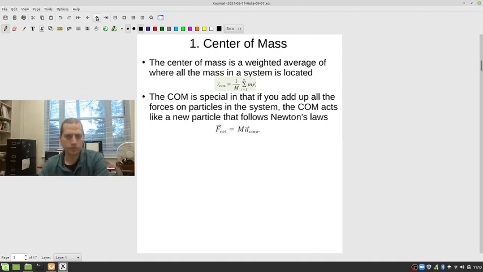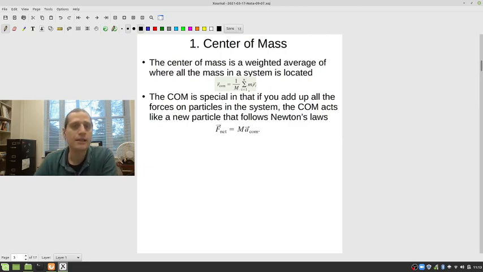So, first off, the center of mass is a weighted average of where the mass in a system is located. So it's a point in your system, and if most of the mass in your system is concentrated around one place, that's where your center of mass is going to be close to.